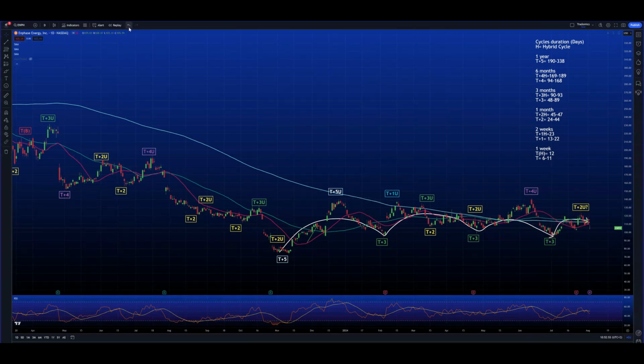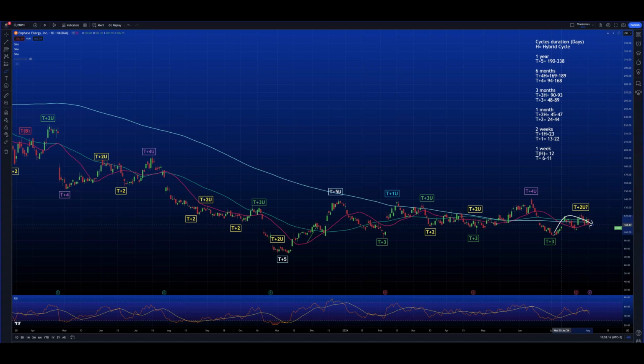Okay, now the thing is, if we want to know more about the future direction of the price, we have to carefully monitor two things. First of all, we have now 23 bars. So basically, we have not even the minimum duration of a T plus 2.